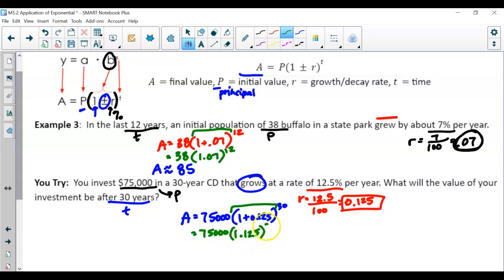Raise that to the 30th power. Now, this is money, so we can write this as a decimal because this is our money. So our A, our final investment amount, is approximately, so you should have gotten a very large number, right? $2,568,247.87.